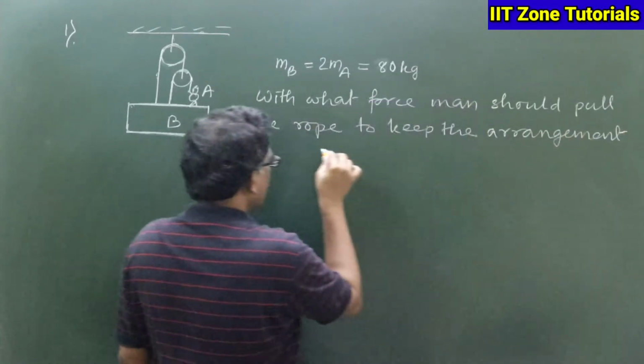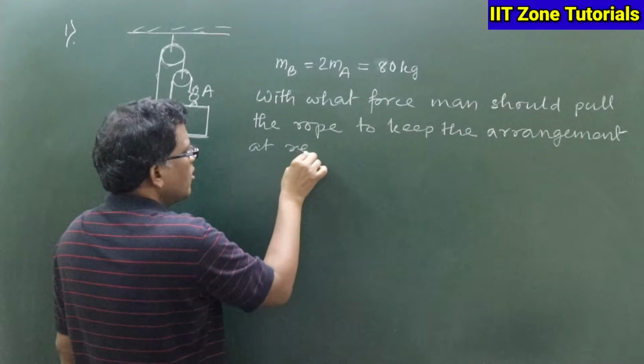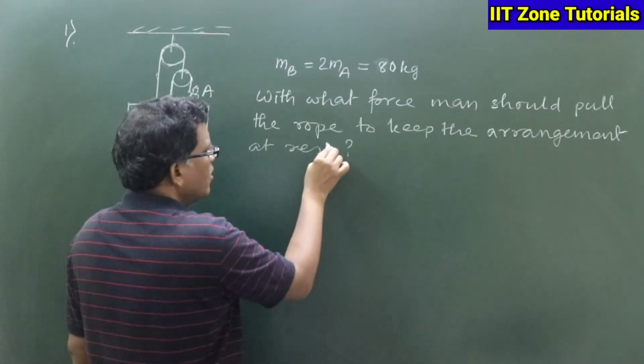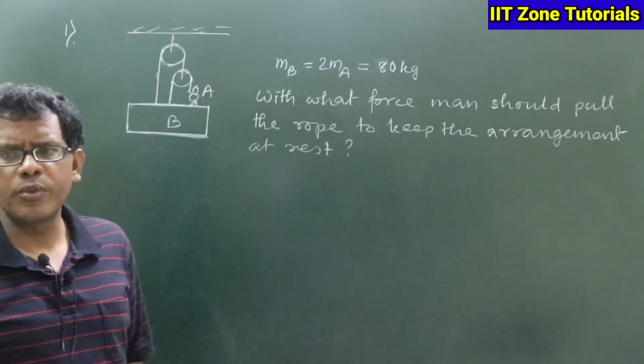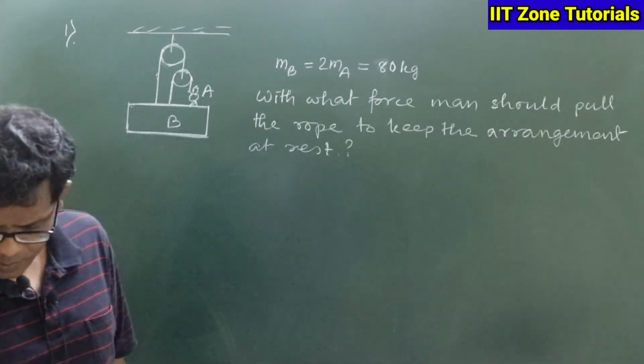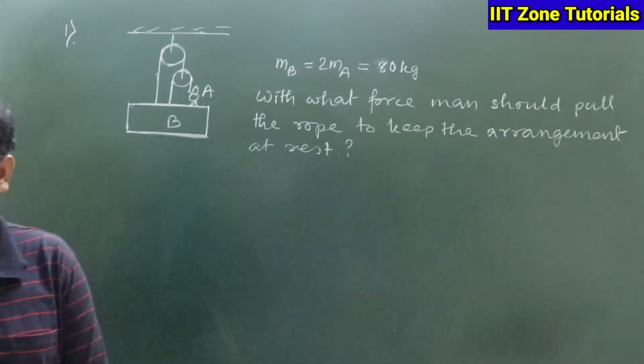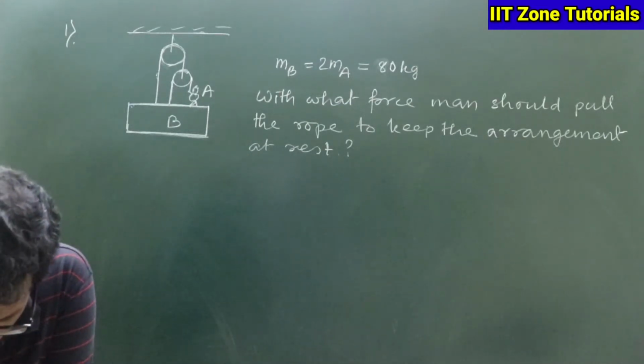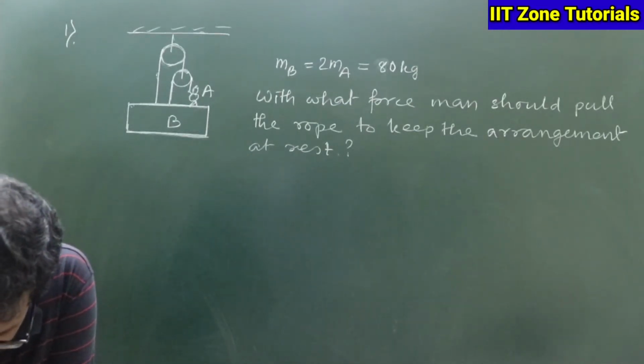What will be the force with which the man should pull this arrangement? Yes, what will be the answer? With what force should the man pull the rope to keep the arrangement at rest?